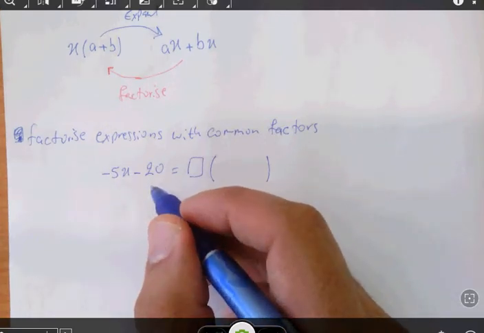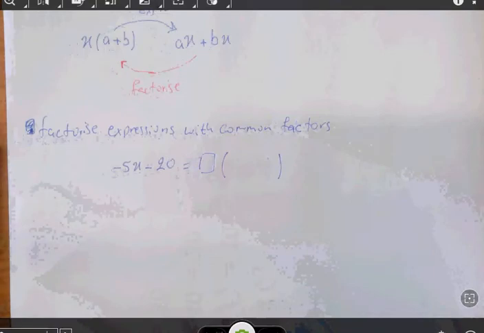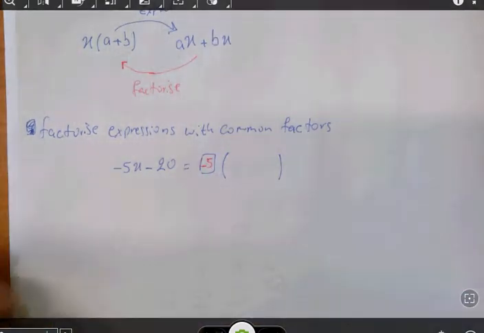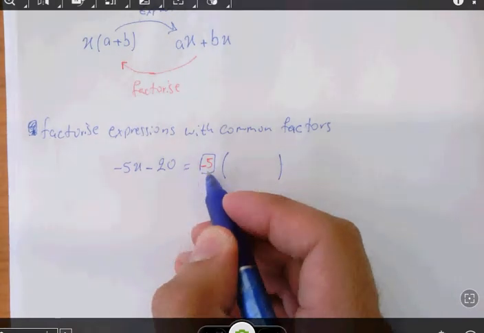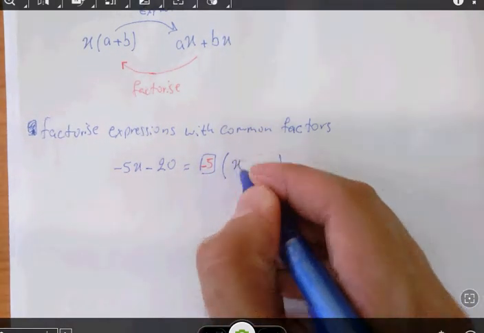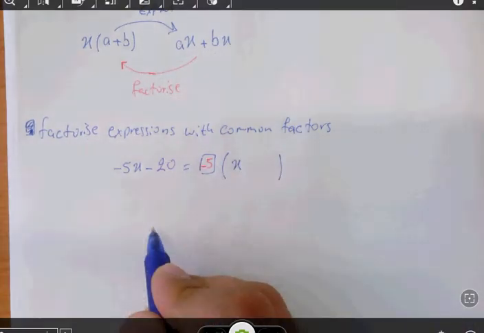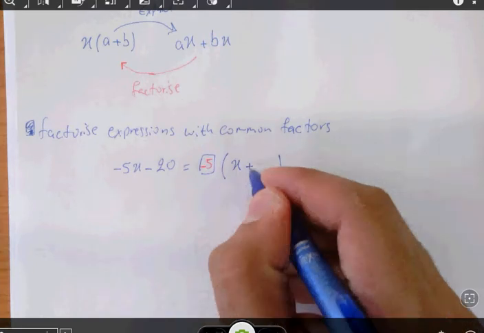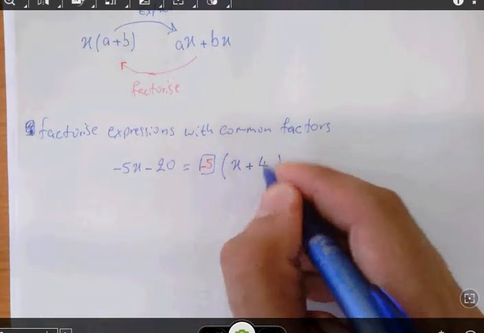Is it negative 5? Maybe negative 5, right? So let's see what happens if I put negative 5 here. From that situation, I'll have x left, because that's what we do, right? Very good. And then plus or minus? Plus, because I need it to be negative here, plus 4.